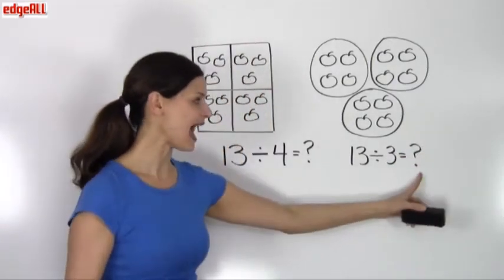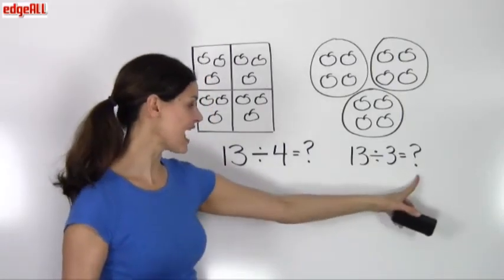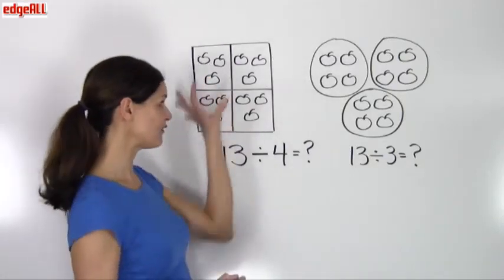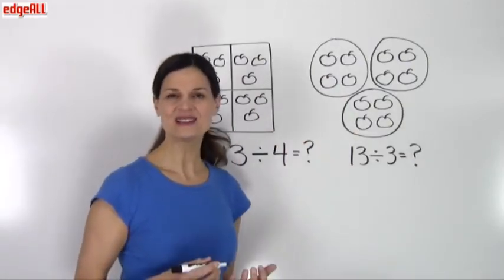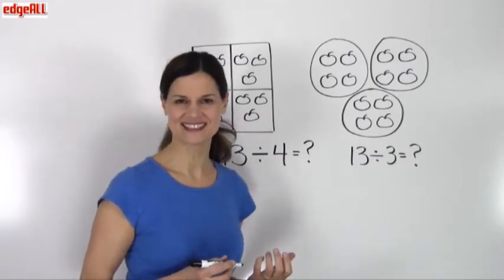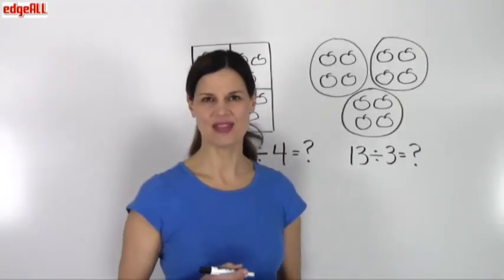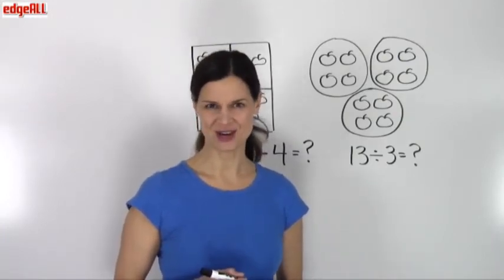We don't have a whole number here that we can put for the answer of 13 divided by 4 or 13 divided by 3. So what do we do? How do we solve a problem such as this? To solve a problem like this, we use something called a remainder.